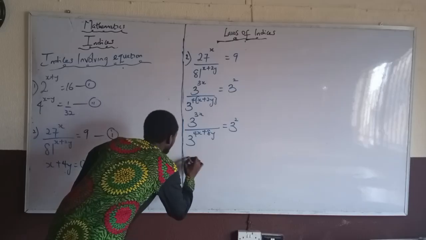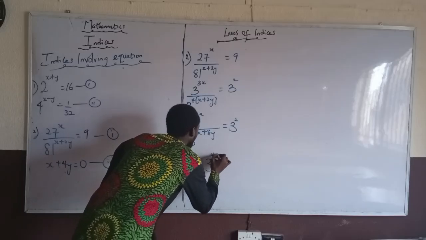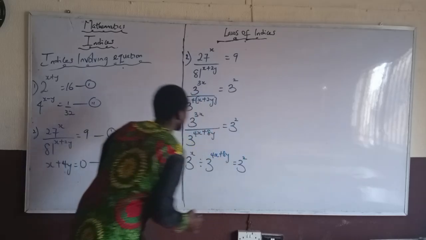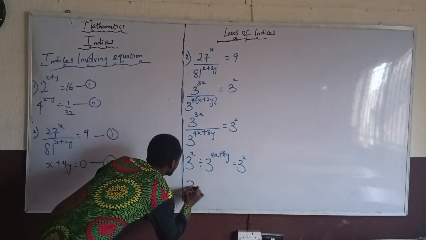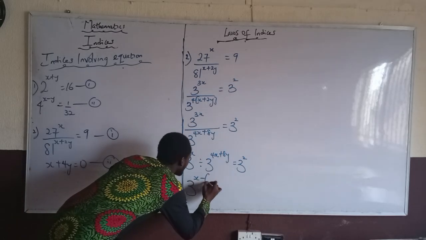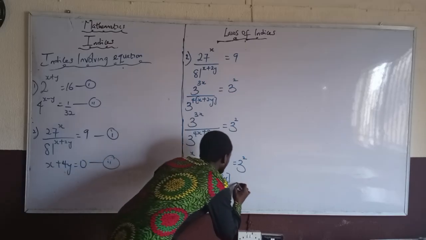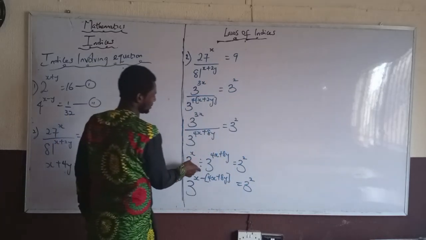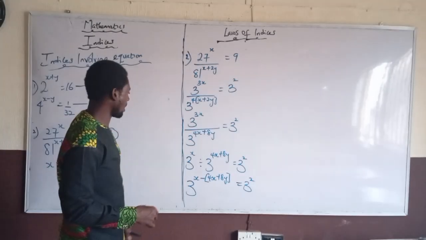So here becomes 3 raised to power 3x divided by 3 raised to power 4x plus 8y equals to 3 raised to power 2. So here becomes 3 raised to power 3x minus, 4x plus 8y, is equals to 3 raised to power 2. Because this is division, I pick one and subtract the power.